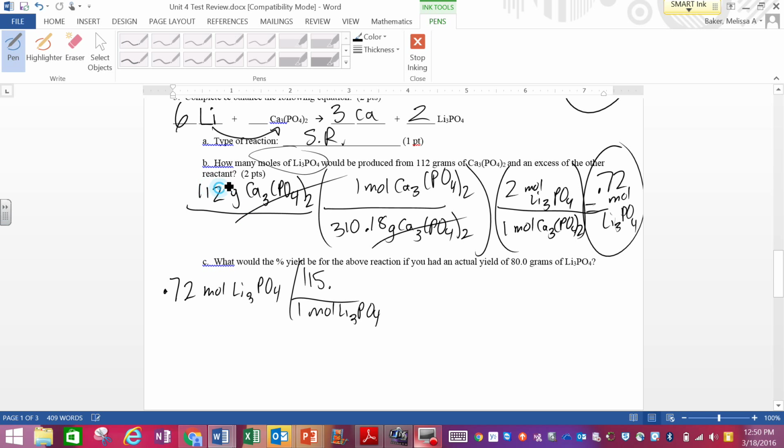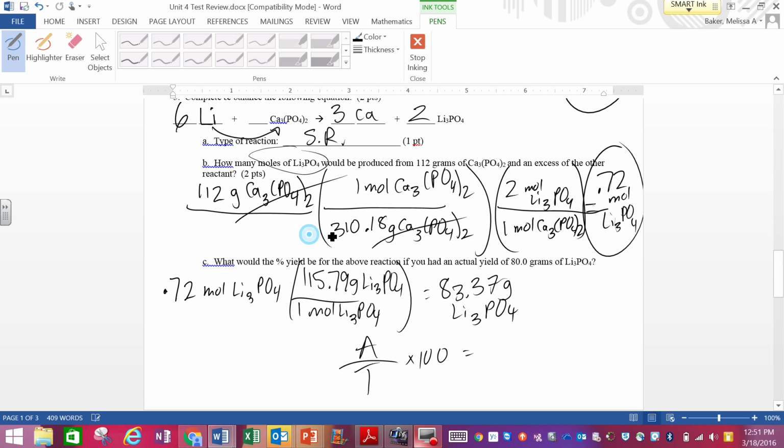So multiply by 115.79 grams of Li3PO4, and that comes out to be 83.37 grams of Li3PO4. So you did pretty good. If you actually got 80 grams divided by your theoretical yield of 83.37 times 100, you got about a 95% yield.